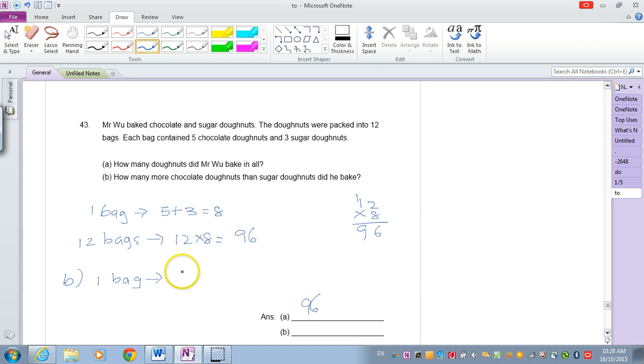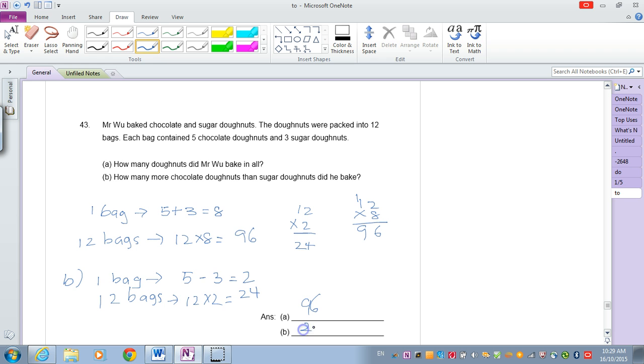So in every one bag, Mr. Wu will bake 2 more chocolate donuts than sugar donuts. But he has 12 bags, so how many more does he have in 12 bags? One bag has 2 more. In 12 bags you will have 12 times 2, and if you work it out, 2 times 2 is 4, 1 times 2 is 2. You will have 24 more.